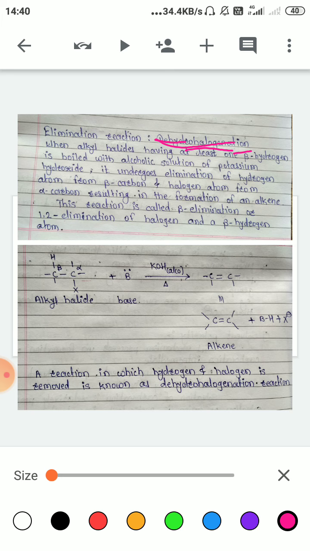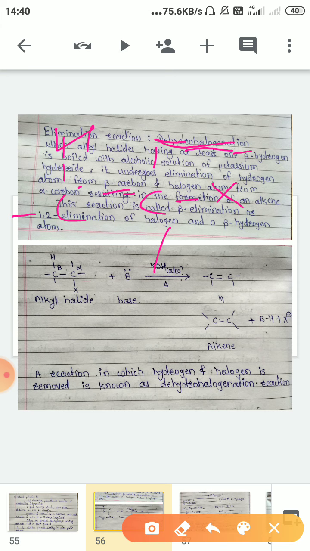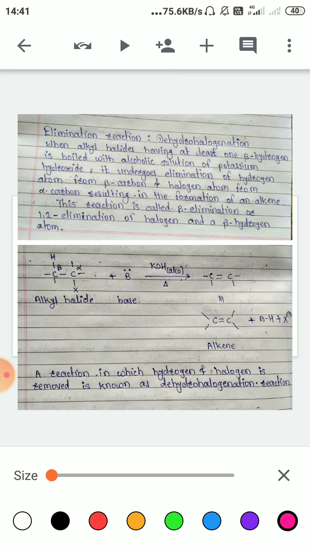So we are going to see dehydrohalogenation of alkyl halides. Alkyl halides means compounds containing a carbon-halogen bond. Here the halogen atom is present on one carbon atom and a hydrogen atom is present on the adjacent carbon atom, or we can also say alkyl halides having an alpha hydrogen atom. If we consider this general alkyl halide, we have not shown the alkyl groups.